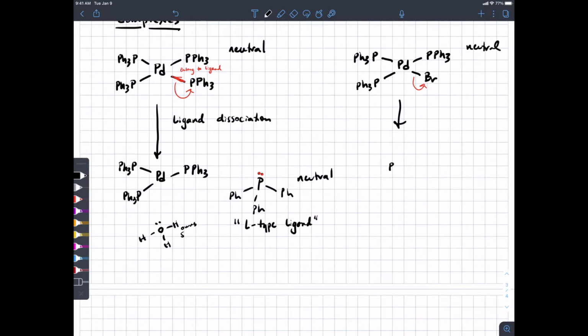When we do ligand dissociation, the ligand Br left as Br minus. Therefore, what charge must the remaining complex have? Plus, right? Okay. So there's a difference between L-type ligands and X-type ligands.